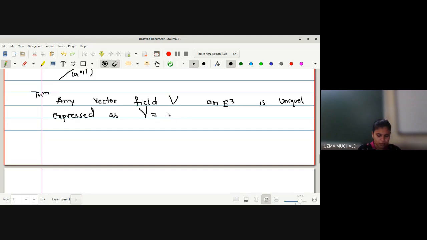V is equal to V1 U1 plus V2 U2 plus V3 U3. So what are these?